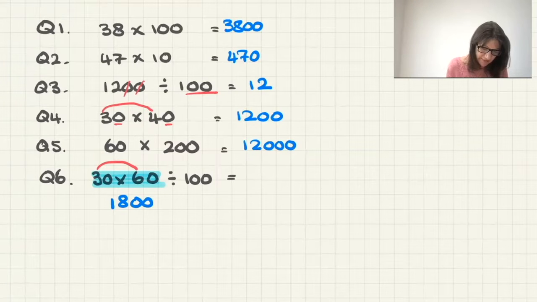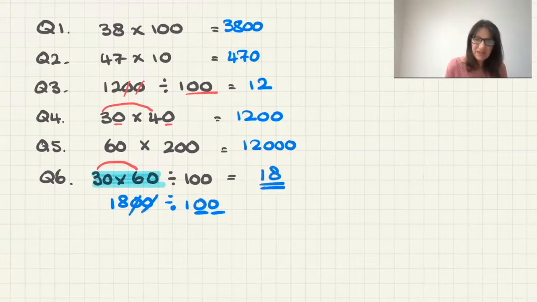I've now got 18,000 that I'm going to divide by 100. Well, I've got 2 zeros, cross 2 zeros off, and it equals 18. Now, if you did that and got that right, absolutely fabulous. Well done. Really, really nice work.